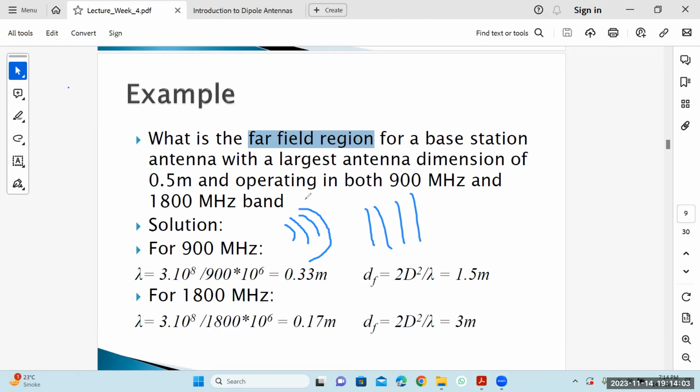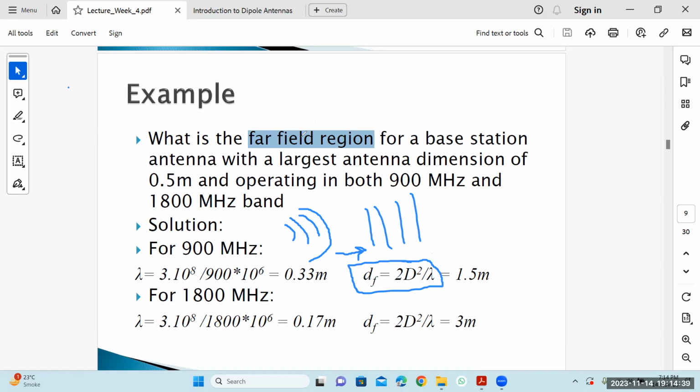Obviously, we are not going into the details of antenna theory, but as you move away from the antenna, from far, the waves appear to you as if they are planar in nature. And the formula for that is 2d square over lambda. That is the region beyond which you say that you have reached the far field region, and that region is also known as the Fraunhofer region.